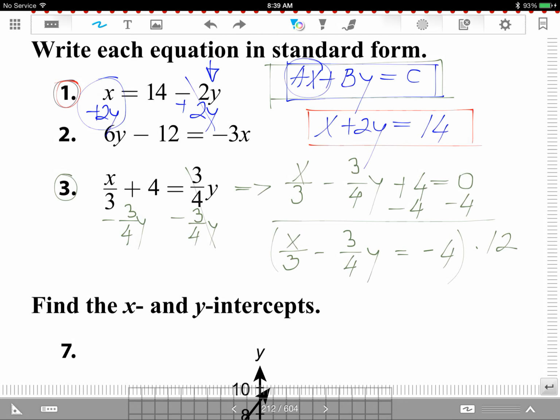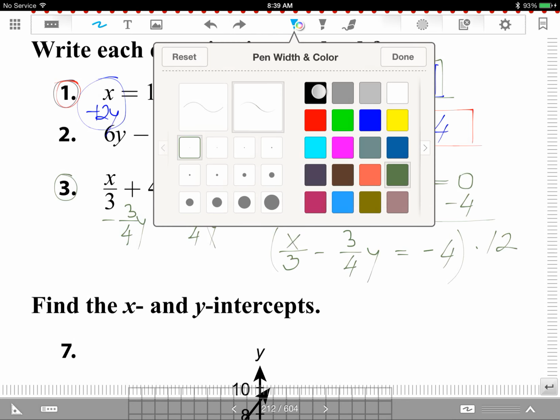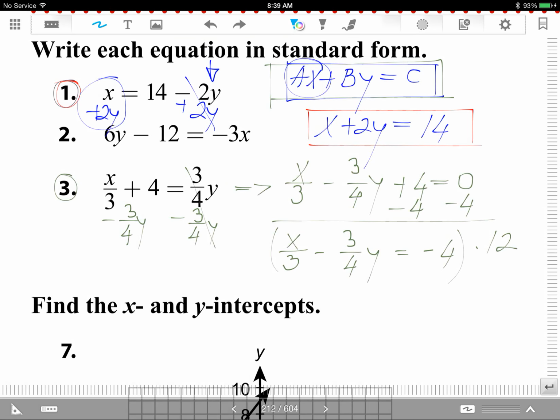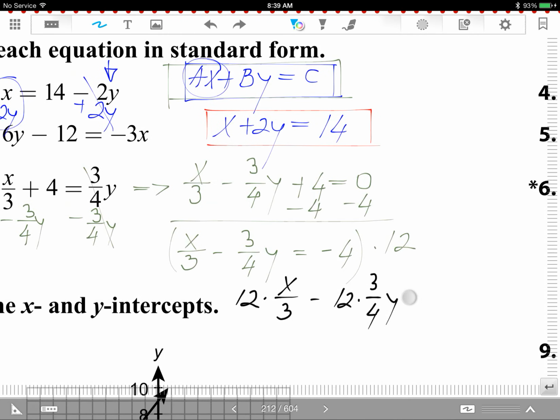Okay, let me change color here for a better view. And I have 12 times x over 3 minus 12 times 3 over 4 y equals 12 times negative 4.